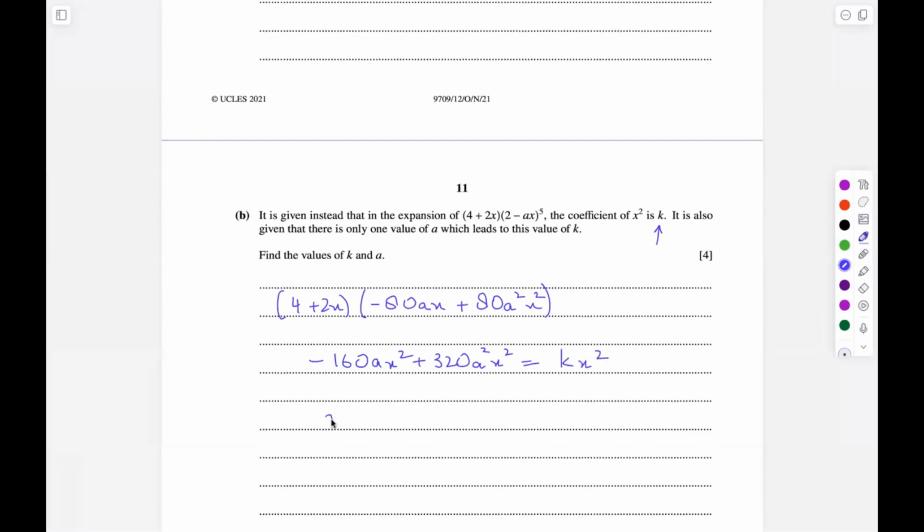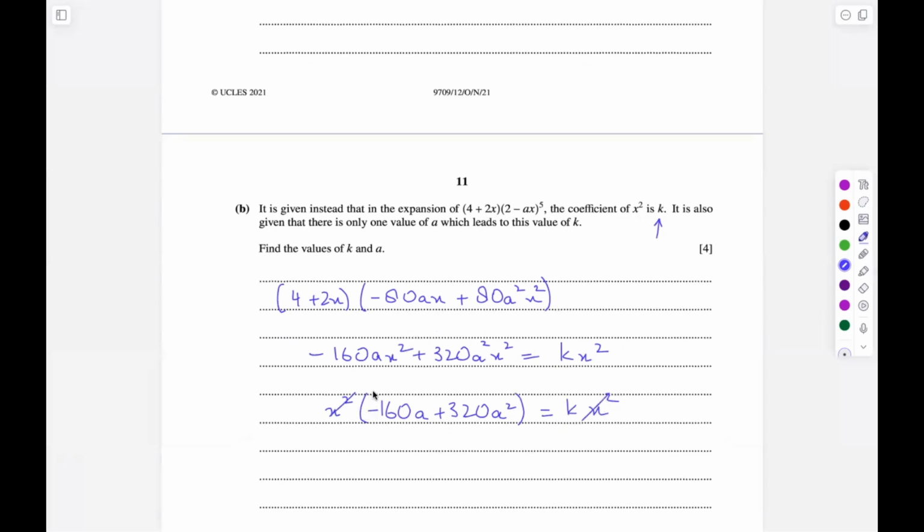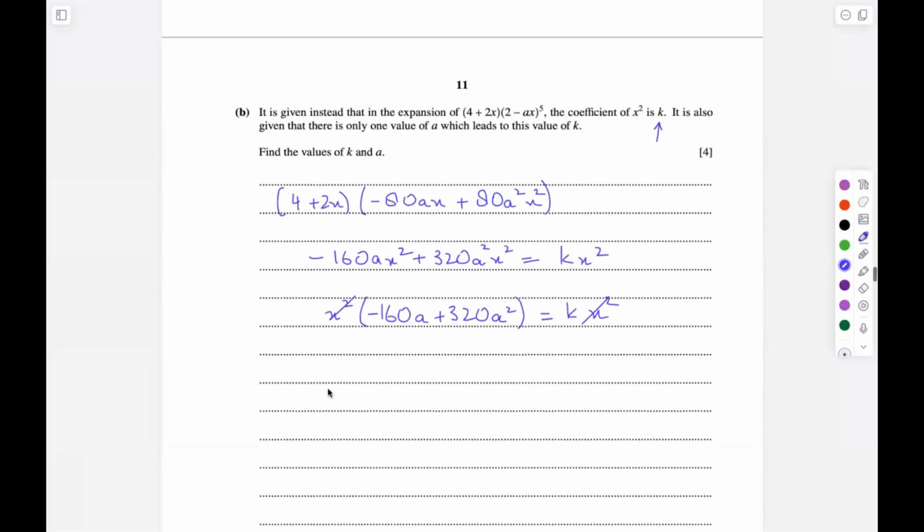So taking x squared common, this will be minus 160a plus 320a squared equals kx squared. So the x squared terms will cancel out and we can now compare the coefficients. So this will be minus 160a plus 320a squared equals k. We can write this expression as 320a squared minus 160a minus k equals 0.